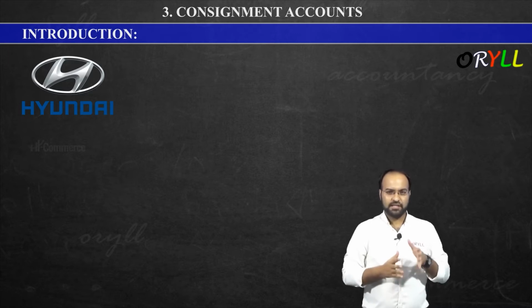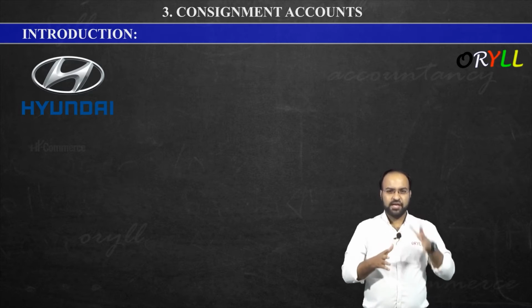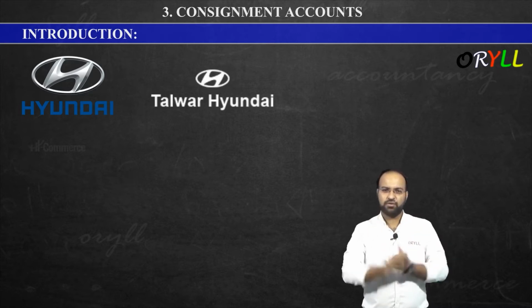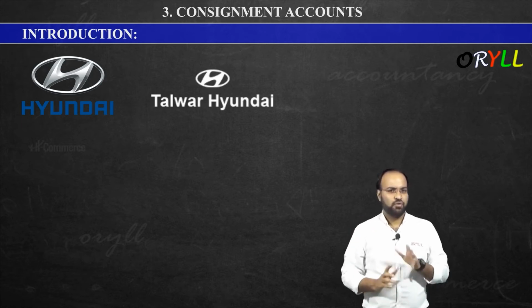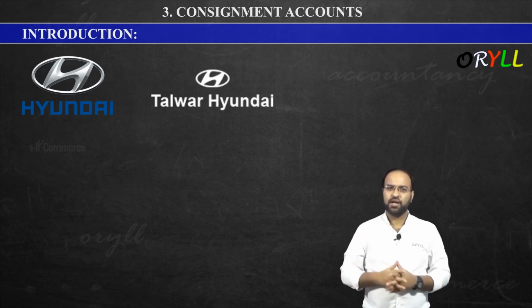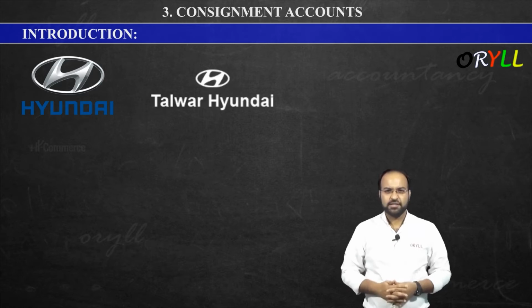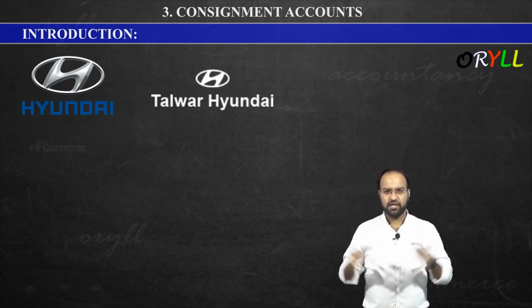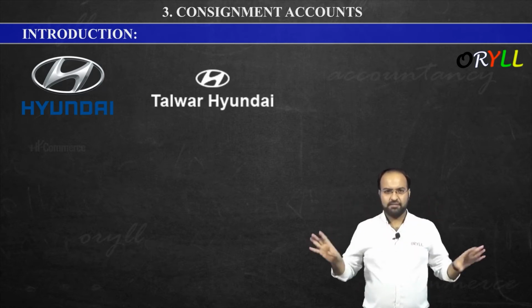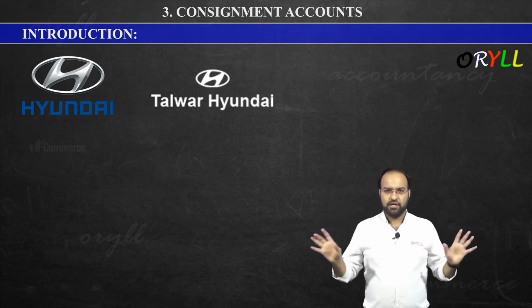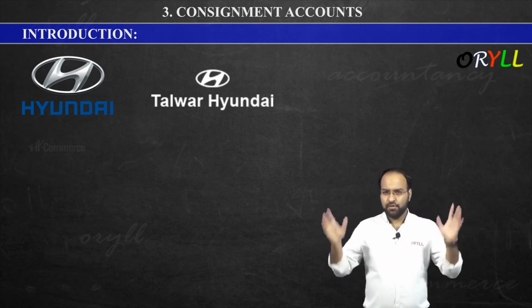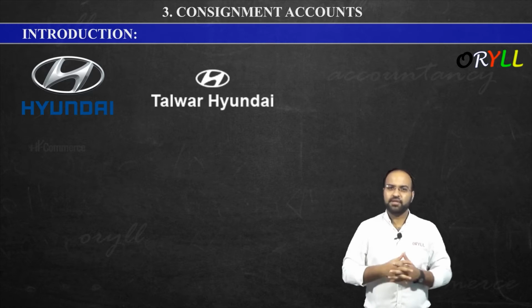Hyundai company, let us say, understand carefully here, they are entering an agreement with the Talwar Hyundai, an agent. So Hyundai company is saying to the Talwar Hyundai, hey Talwar Hyundai, you are my agent. You purchase a building, you purchase the plant and machinery, you install the computer, you employ the laborers and some employees also.